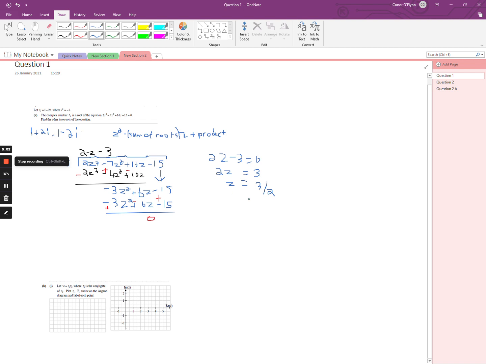And then they're telling us w equals z1 times z1 bar, and to plot that. So z1 is 1 minus 2i, and the conjugate obviously is 1 plus 2i, that's bar z1.